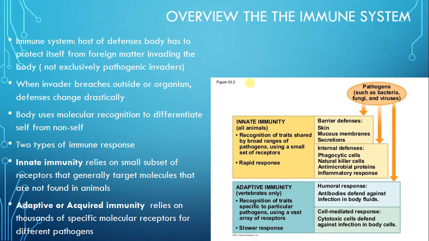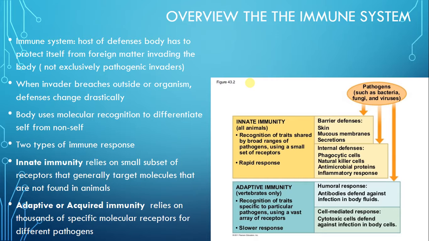First of all, an overview of the immune system in general. The immune system is a collective host of defenses that the body has to protect itself from foreign invaders or foreign matter entering the body. It doesn't act exclusively on pathogenic invaders, but on anything that your body recognizes as foreign and not belonging to itself.